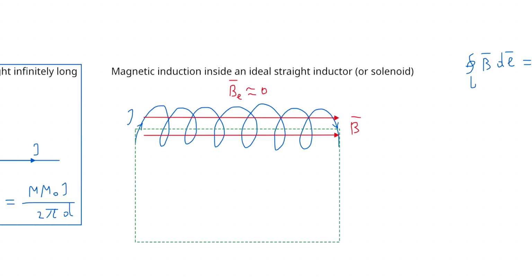So here we have a rectangle, and the direction of this circuit is shown with green arrows. So these green arrows are elements dl.